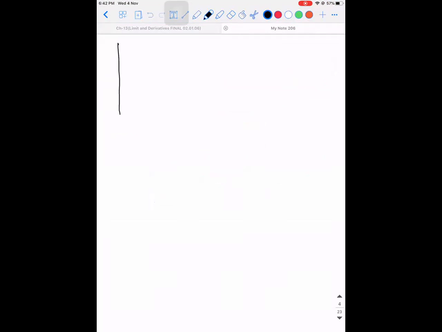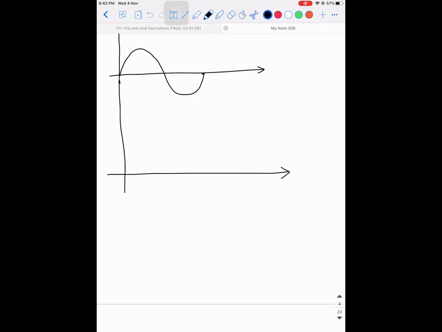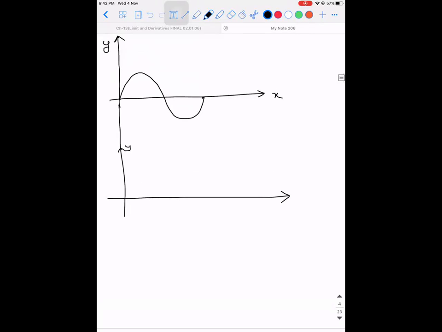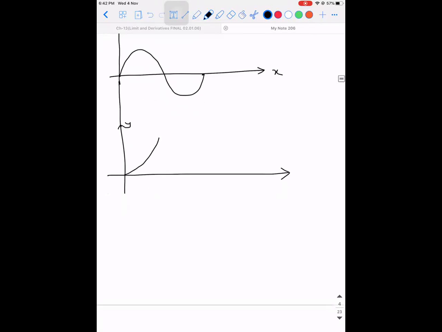I'm taking two examples. X-axis, y-axis, x-axis, y-axis. So what graph is this? This is y is equal to tan x. This is y is equal to sin x.